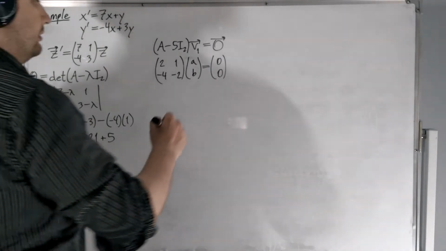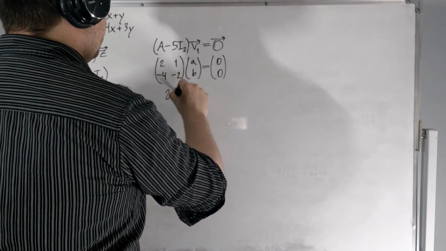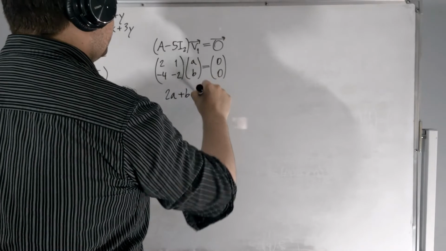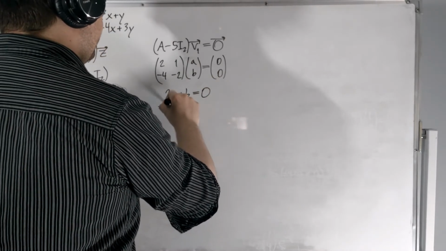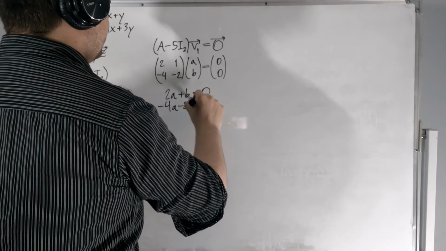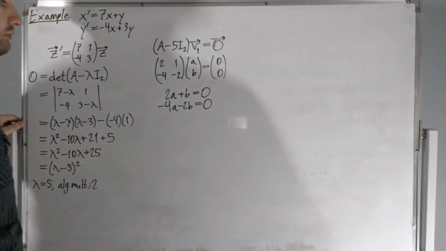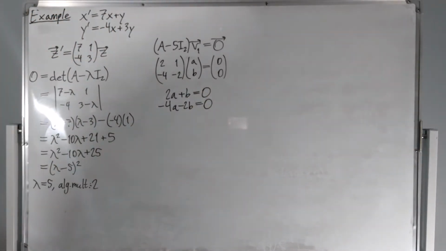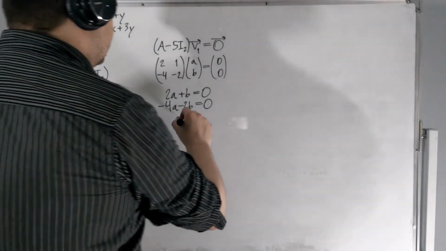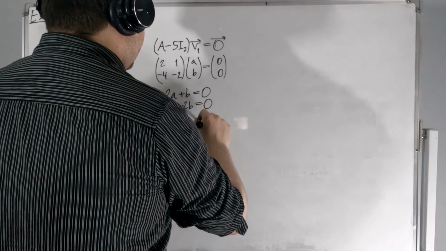So you multiply through, you get 2a plus b equals 0, and negative 4a minus 2b also equals 0. Take either one of these equations, and what you're looking at says b equals negative 2a.